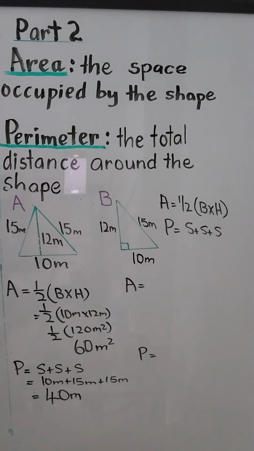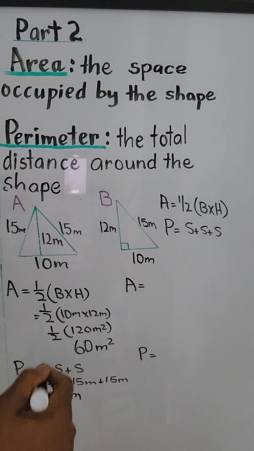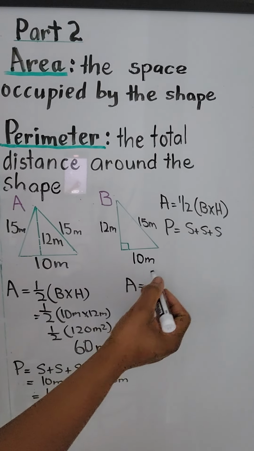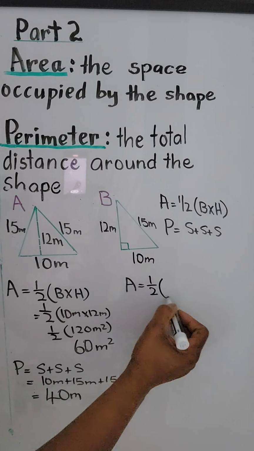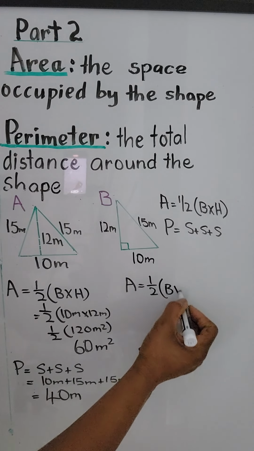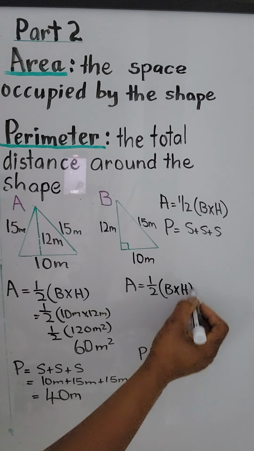Okay, so that's triangle A, the area and the perimeter. Triangle B, area half base times height.